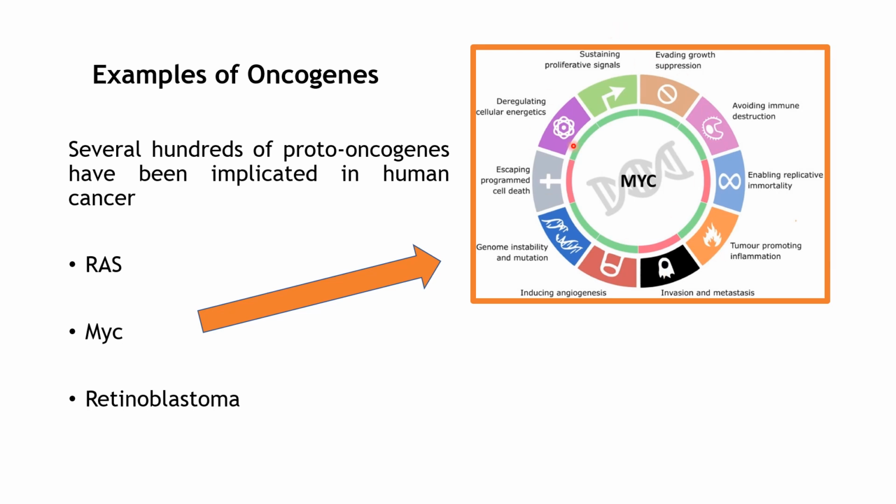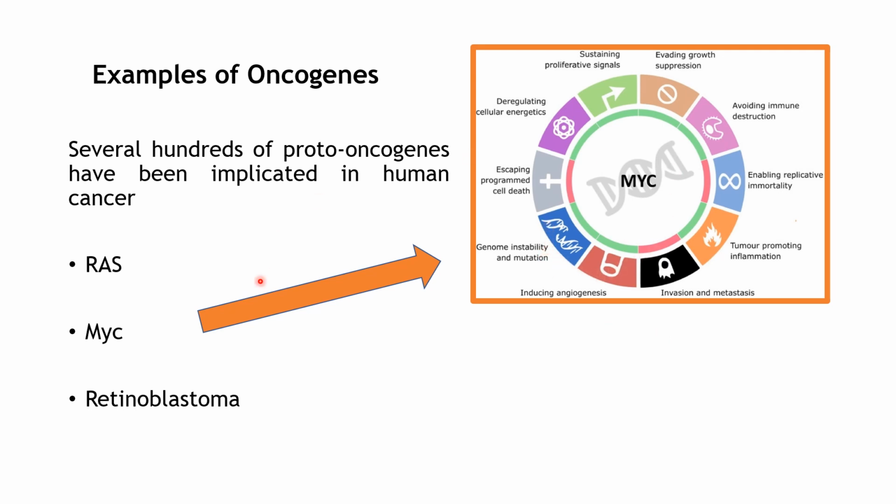One of them is that they are able to escape from cell death, they produce genome instability, and they induce angiogenesis, so new blood vessels to give food to the tumors. They need oxygen and nutrients, and this is brought to them through blood vessels.